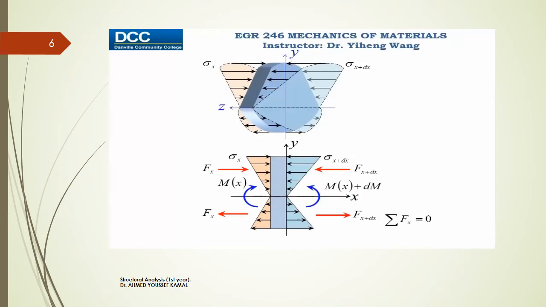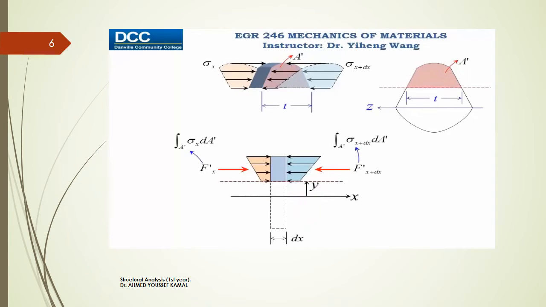However, what happens if we section this segment horizontally like this and only analyze the top segment? So if we isolate this top segment, as a result, the remaining forces on the two sides of this segment no longer equal each other.